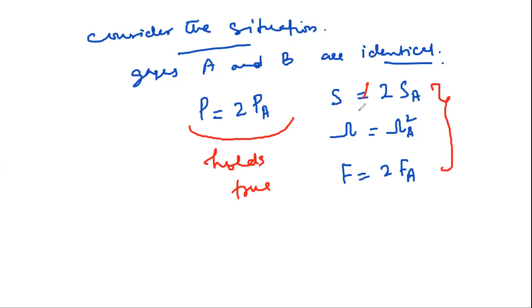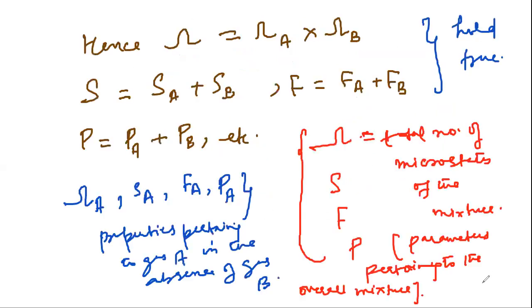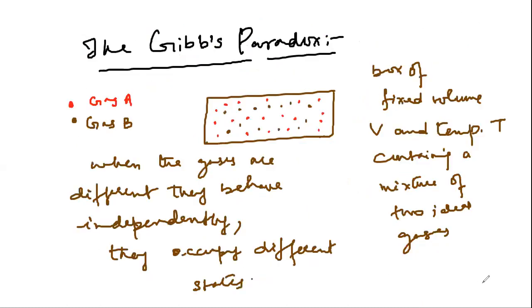That means this is not equal to this, this is not equal to this, this is not equal to this. This is the Gibbs paradox. What works for this mixture when gases are different doesn't work when the gases are identical.